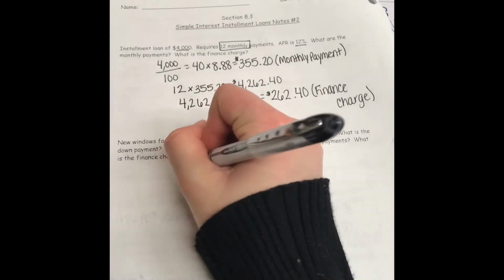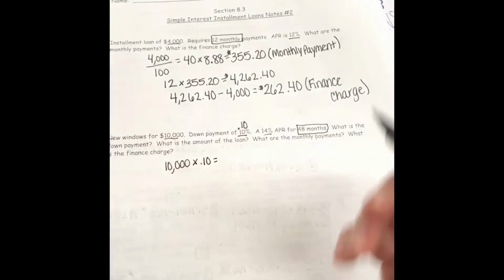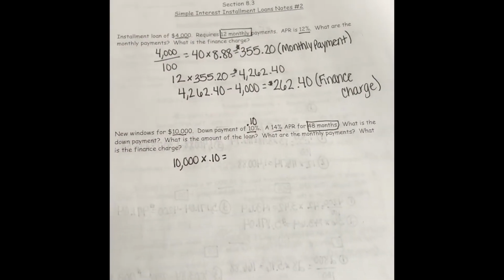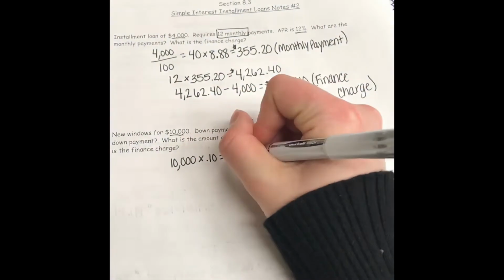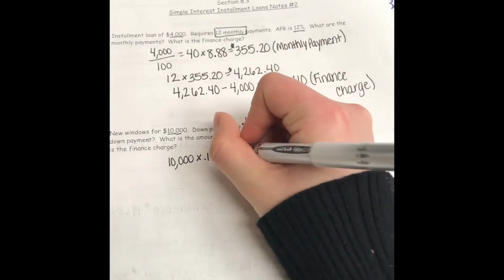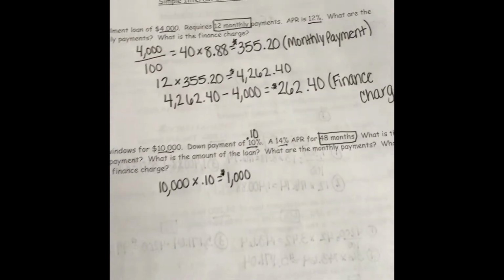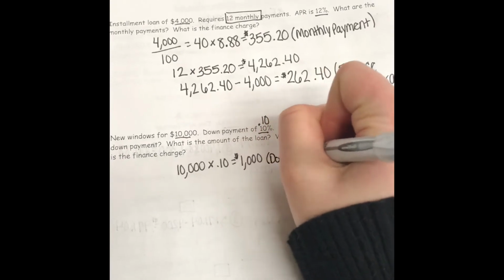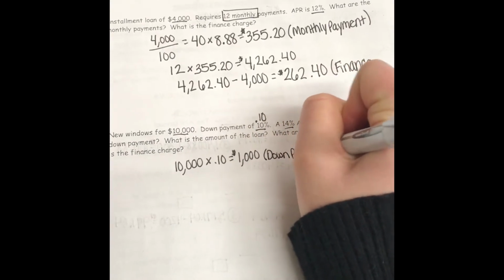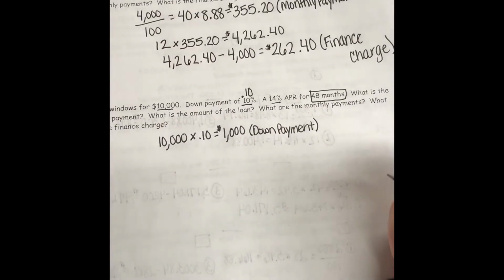So I'm going to take my cost of my windows, multiply it by 0.10. That's $1,000. So now this $1,000 represents my down payment, meaning that for my $10,000 windows, I need to pay up front $1,000.